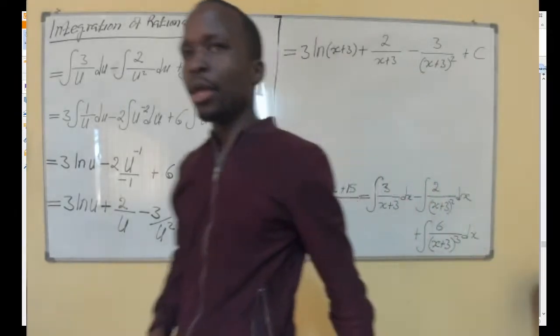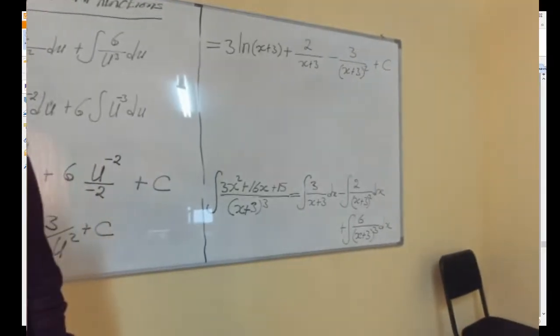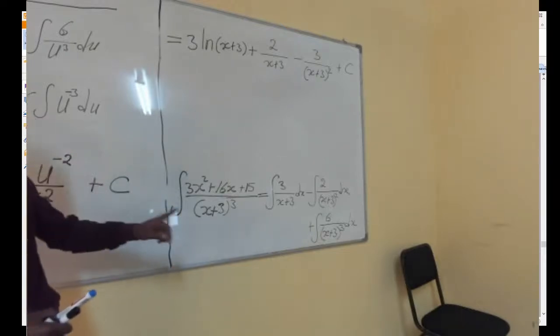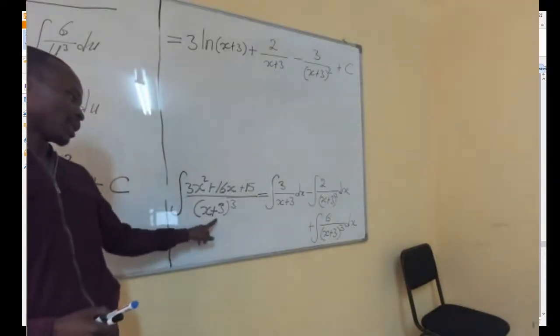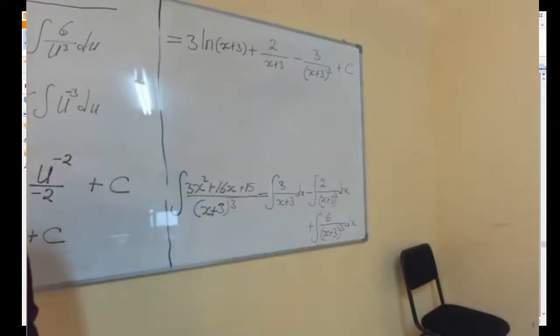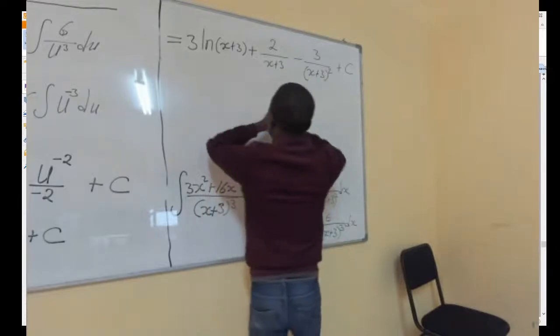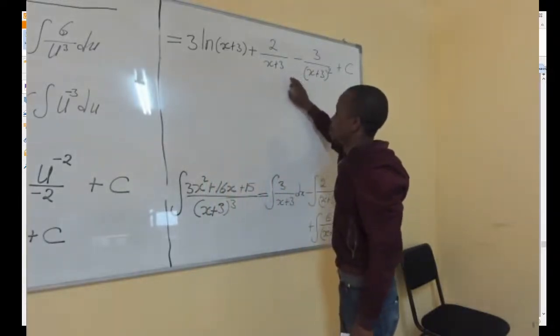Then you say you have found the derivative of the function, the integrand 3x squared plus 16x plus 15 over x plus 3 to the power 3. So this is your integrand, which is here.